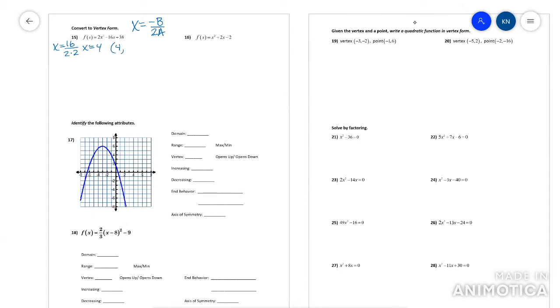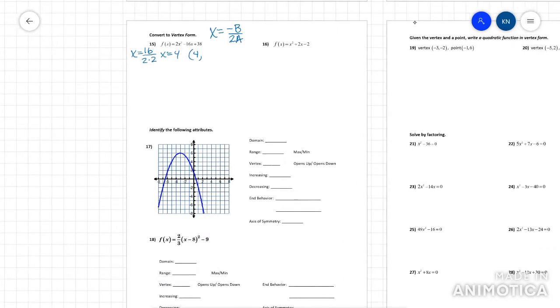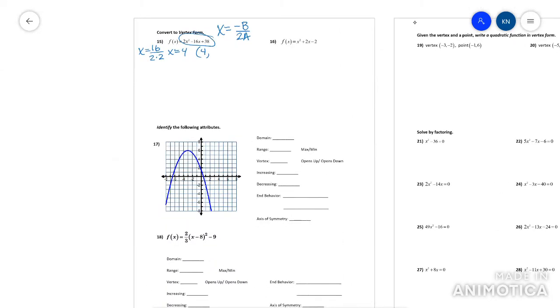I have to go solve for the y value by plugging in 4 into this equation for x. So it'd look like this: y equals 2 times 4 squared, and then minus 16 times 4, and then plus 38.